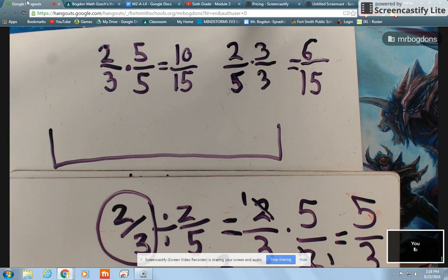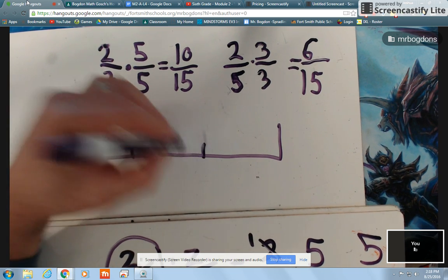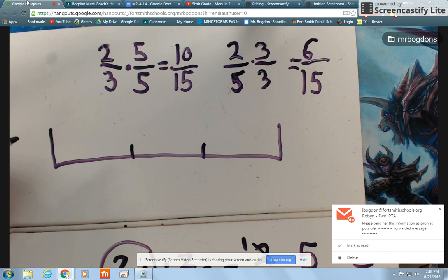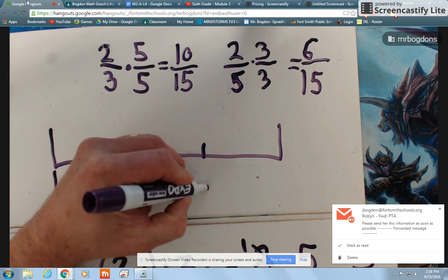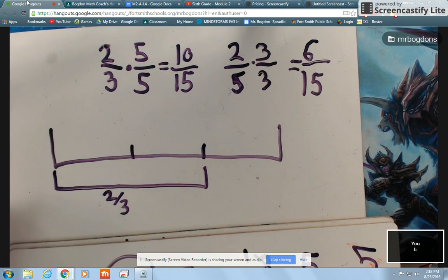If it's thirds, how many pieces do I need? Okay, then how many of those represents 2/3? So this is 2/3.